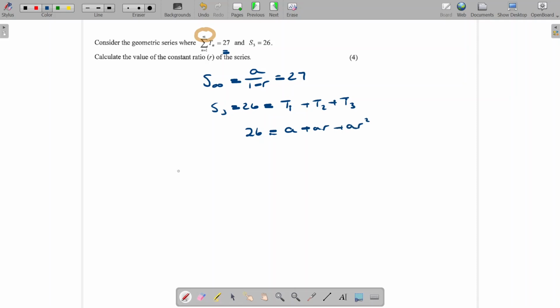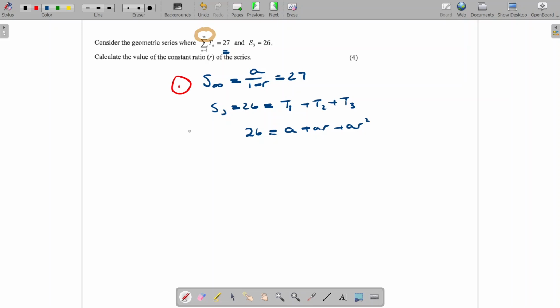Now the problem here is we don't have an easy way to solve this. Because they've given us two pieces of information and there are two variables that we don't know, there's the first piece of information, there's the second piece of information, we are being forced to use simultaneous equations.